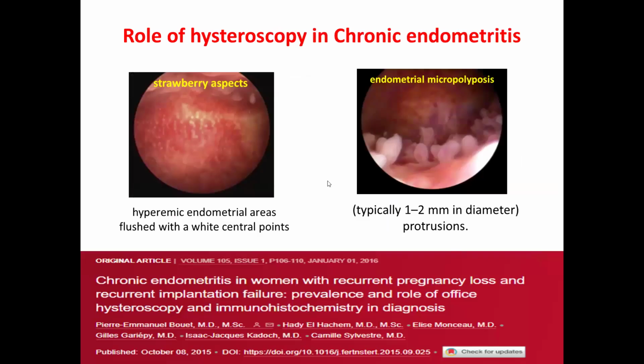Regarding the role of hysteroscopy in diagnosing chronic endometritis, yes, it has a role. You can see abnormal pathologic endometrium with strawberry appearance, hyperemic endometrial areas flushed with white central points, or you can see micropolyps in the endometrium.